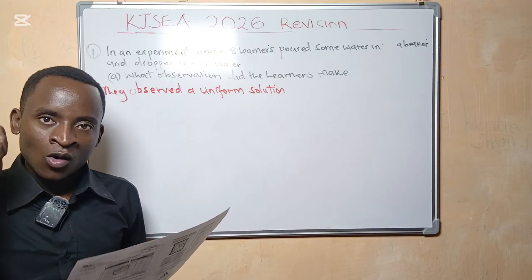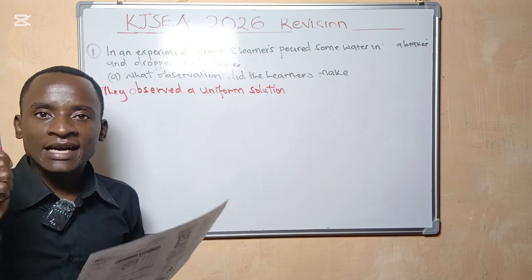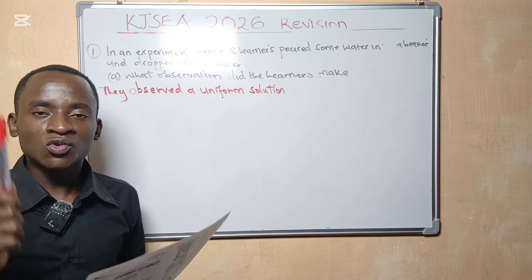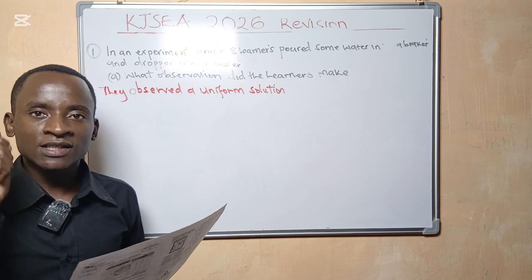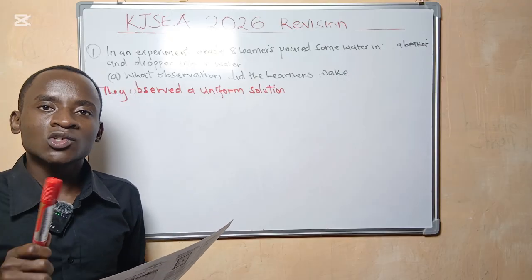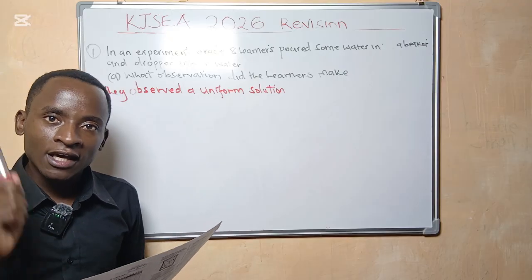Whenever you meet a question in integrated science asking you to state the observation, in simple terms, the question wants you to state what you are able to see.